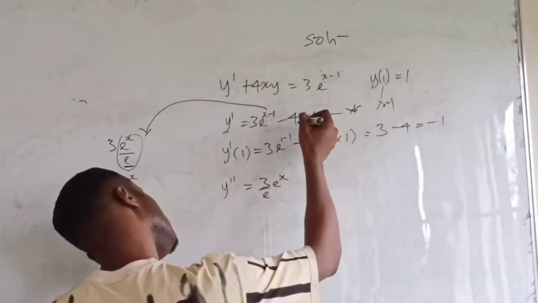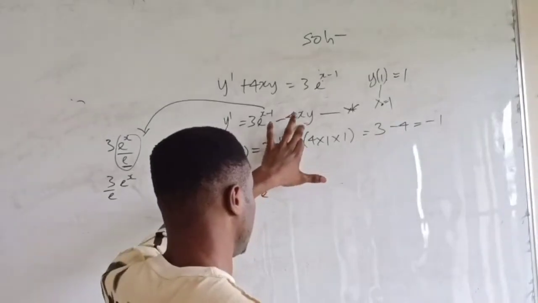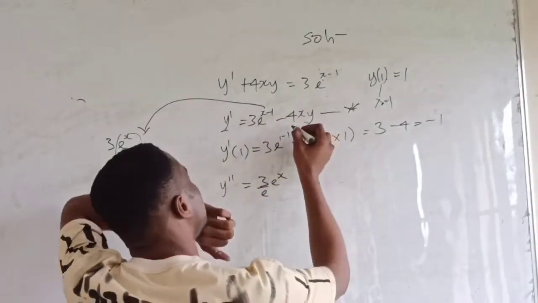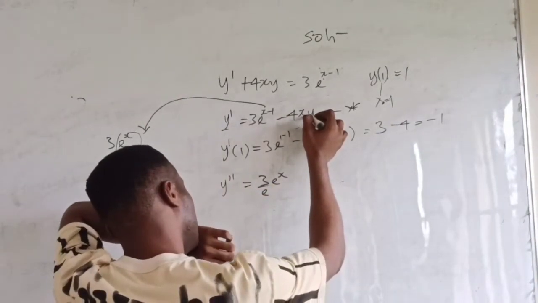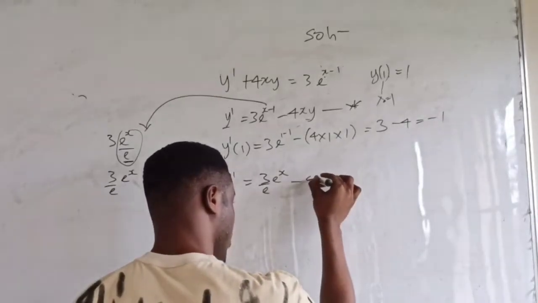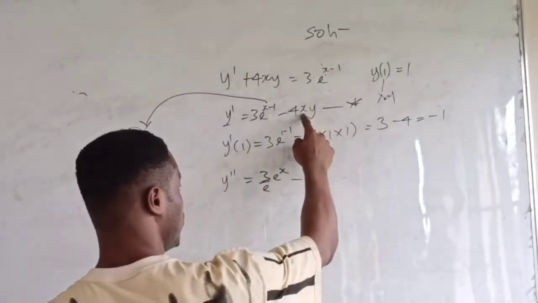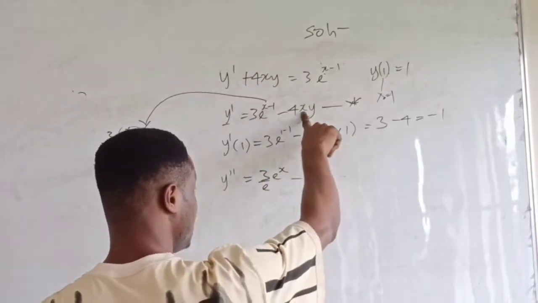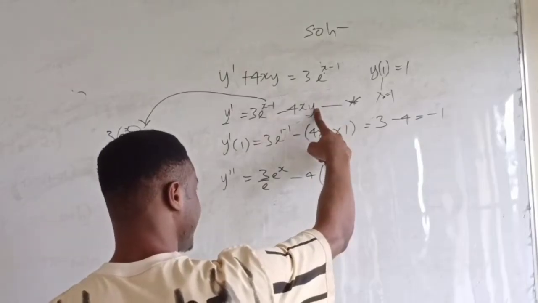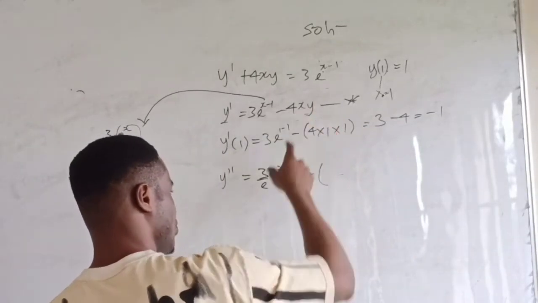Now for this one, we use the product rule. I bring out the coefficient of the product, which is negative 4, and open a bracket. Using the product rule, hold one and differentiate the other, then hold the other and differentiate the first.